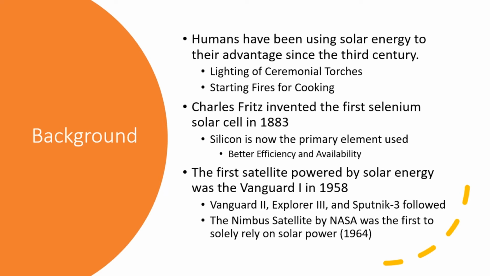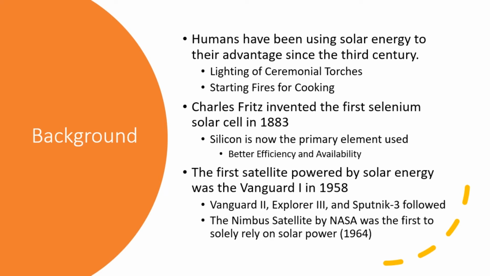Then, fast forward 1500 years, Charles Fritts invented the first selenium solar cell in 1883, and this really provided the base idea for what we currently use with the silicon solar cell, which is now the primary element used. And silicon has better efficiency and availability due to its numerous natural occurrences.